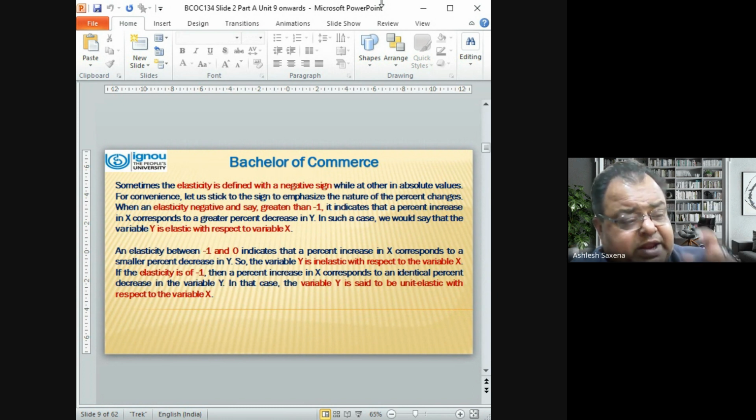So the variable y is inelastic with respect to the variable x. If the elasticity is -1, then the percent increase in x corresponds to an identical percentage decrease in y. In that case, the variable y is said to be unit elastic with respect to variable x.